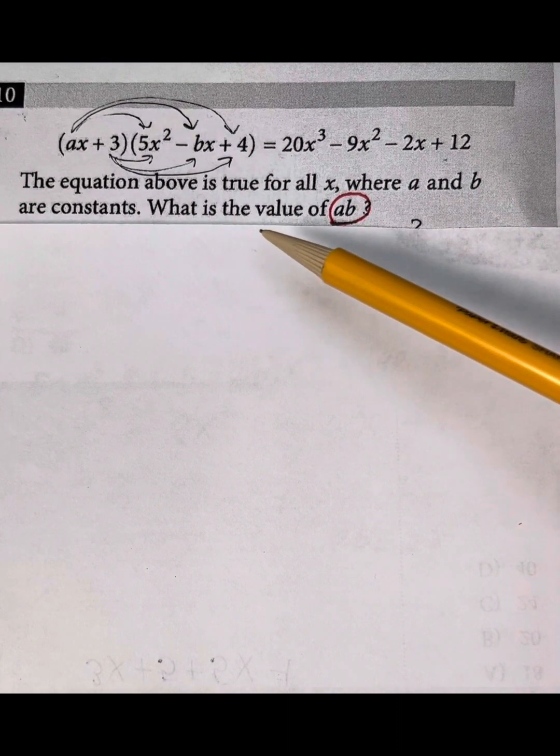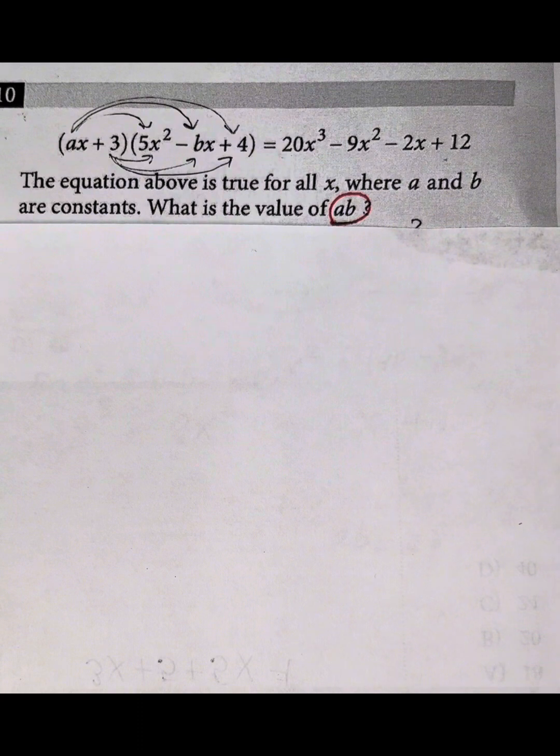What is the value of ab? Well, let me analyze first. As we see on the left side, we already have a beautiful third-degree polynomial, nothing we can do at this time, just leave it as it is.